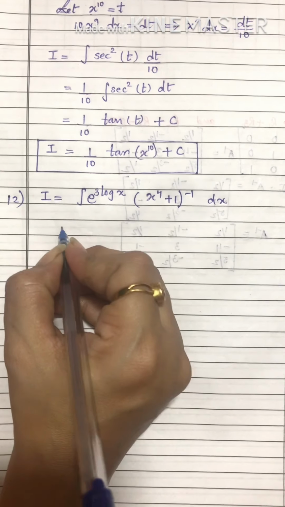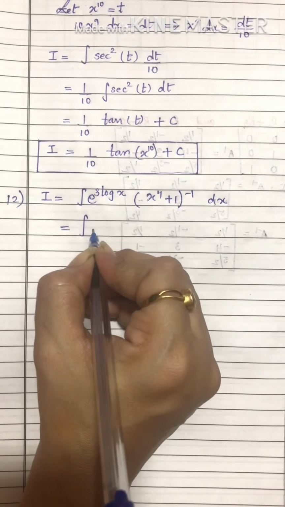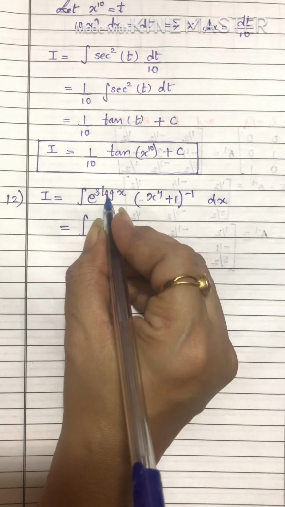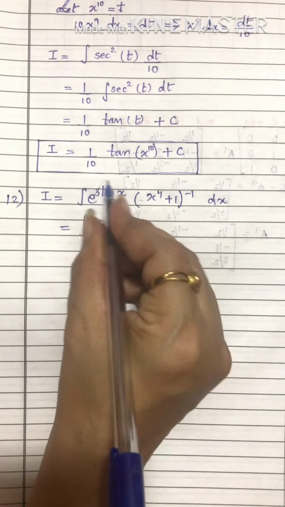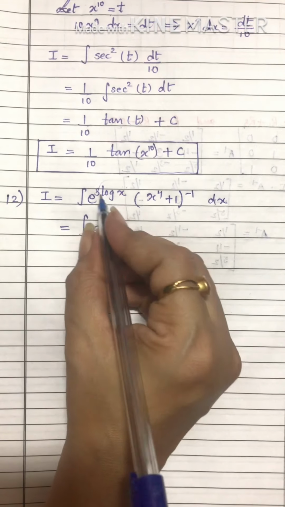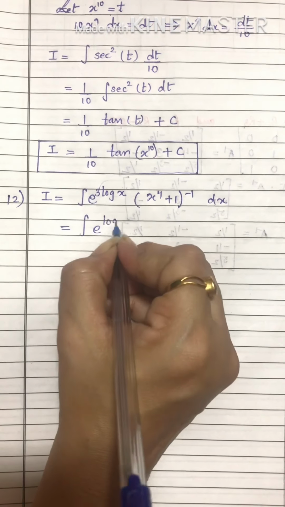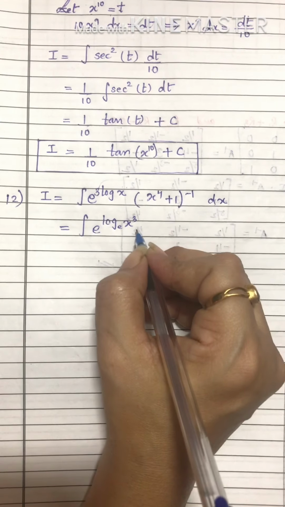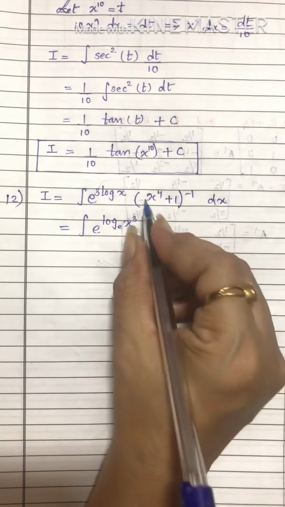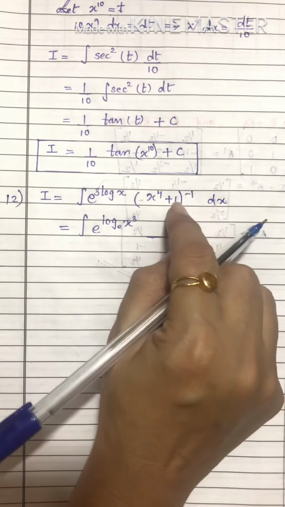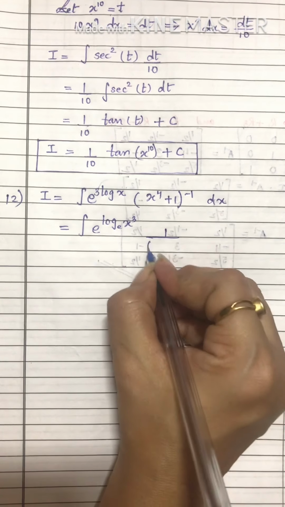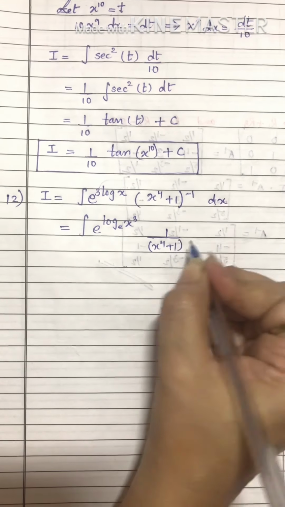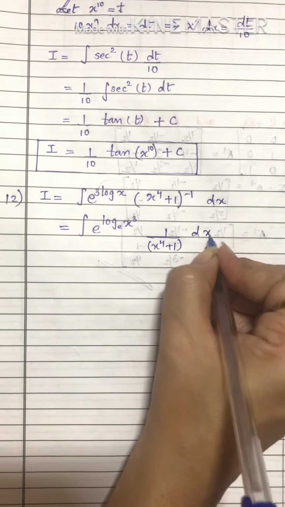Next what we will do, we'll write here integration e raised to, see this 3 we can take here, according to laws of logarithm. So we will get log x cube to the base e, and here this bracket raised to minus 1, so we will take it in the denominator and make the index positive. So I get this.